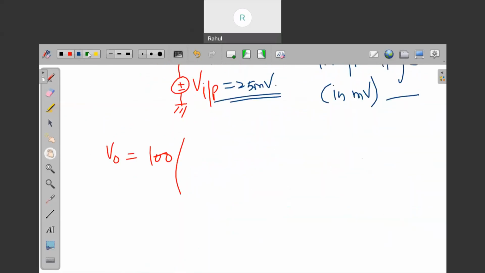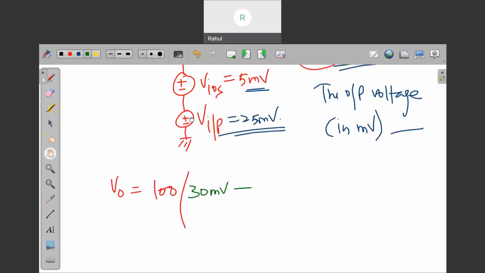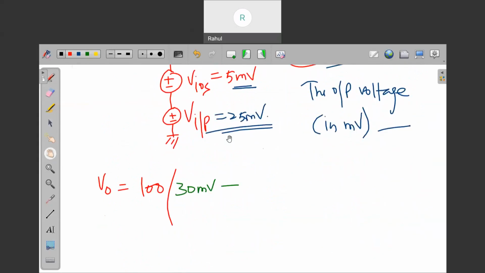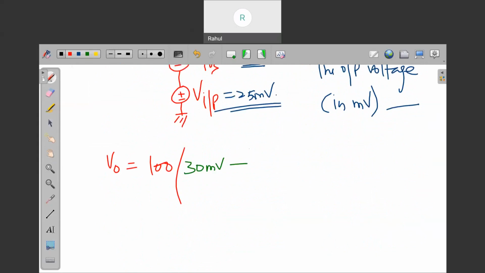So here you can write 30 millivolt minus the potential at this point, which is V out upon 16, because 15 plus 1 is 16.